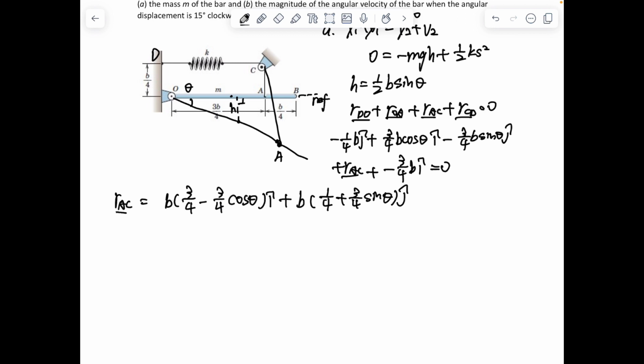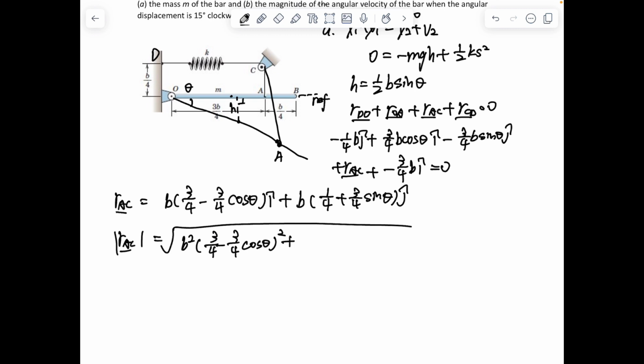Then we need to get the magnitude of this vector. RAC is equal to the square root of B squared times (3 over 4 minus 3 over 4 cosine theta) squared plus B squared times (1 over 4 plus 3 over 4 sine theta) squared.